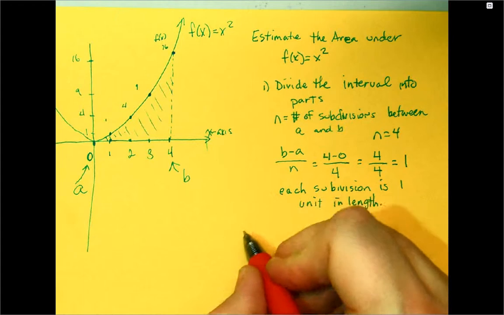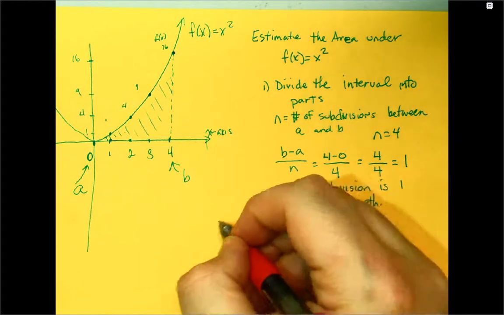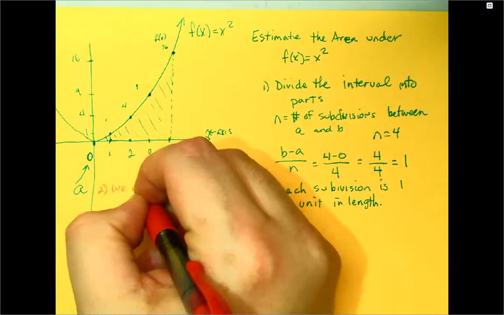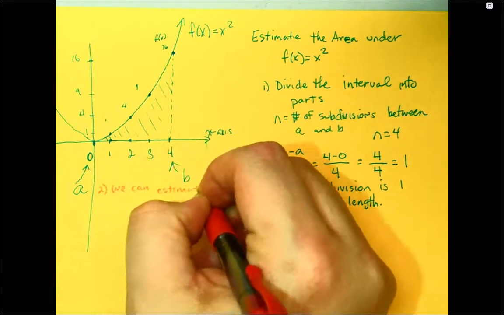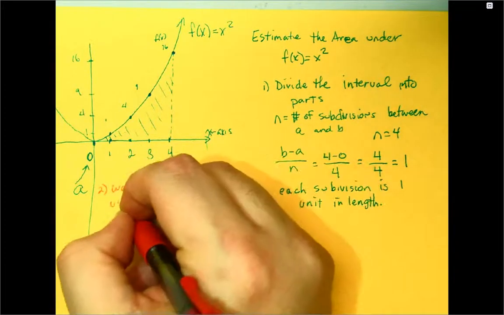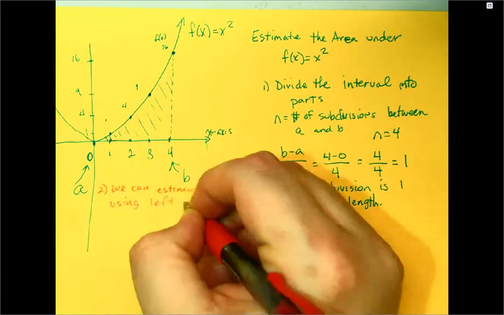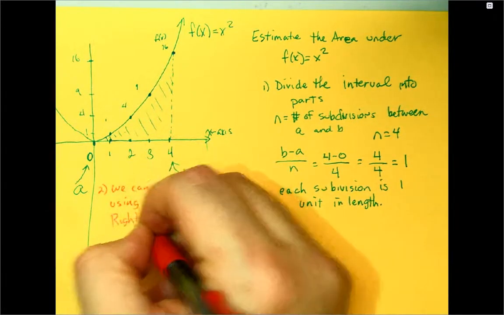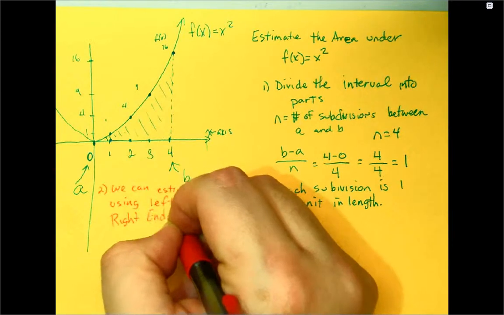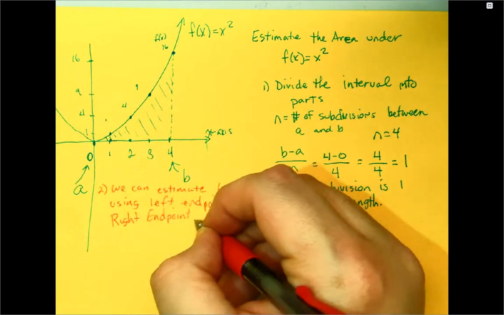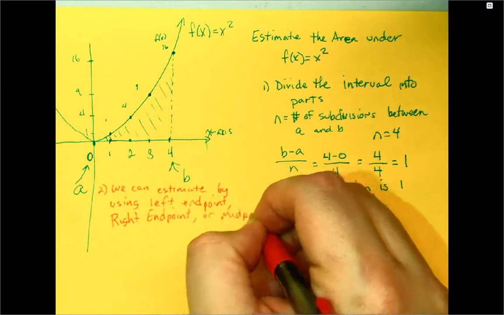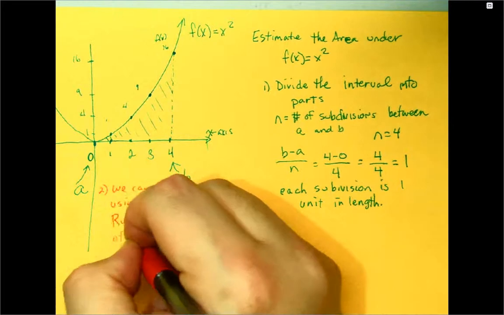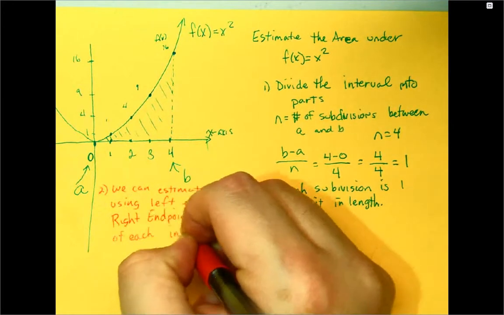Now we can estimate this. So I'll go step 2 over here. By using a left endpoint, right endpoint, or using the midpoint of each interval, or not interval, each subdivision.